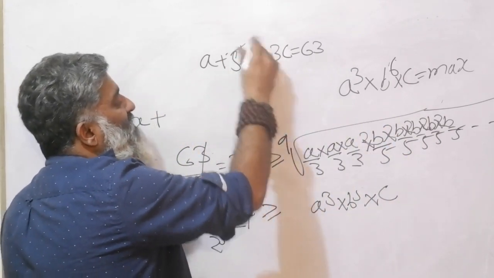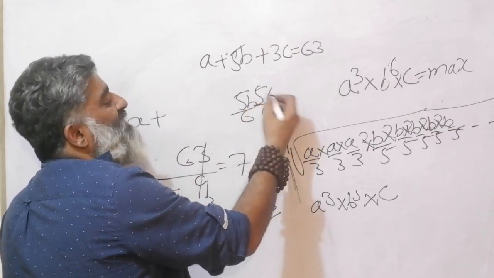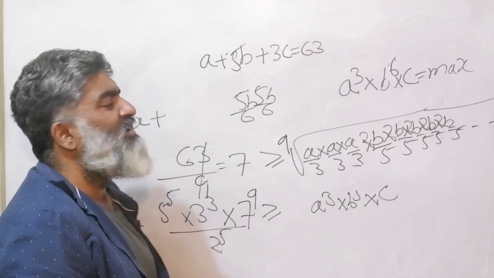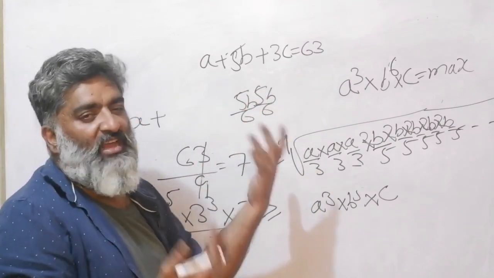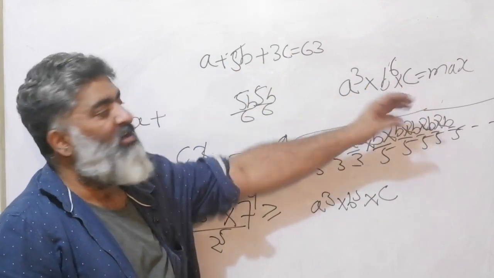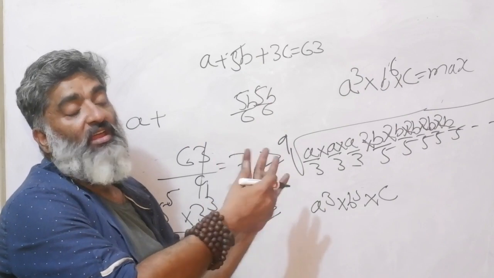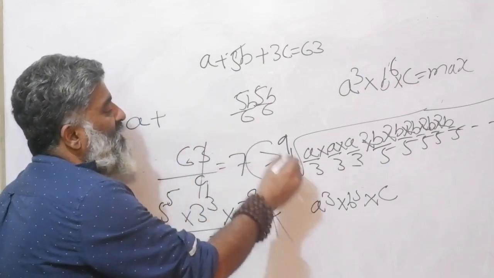If there was a 5, it would become 5 by 6, 5 by 6, 5 by 6b, 5 by 6b, and that will happen 6 times, right? So I know the fundamentals of the game. For any such situation, I think I've covered every possible scenario. You have the sum and you're thinking of the product, and you've also looked at how it may change shape or story, but the underlying logic is still the same.